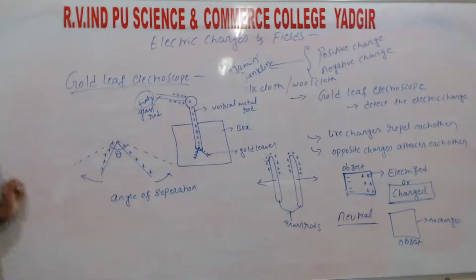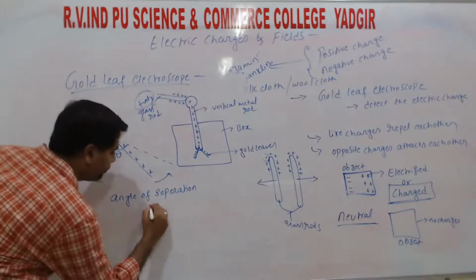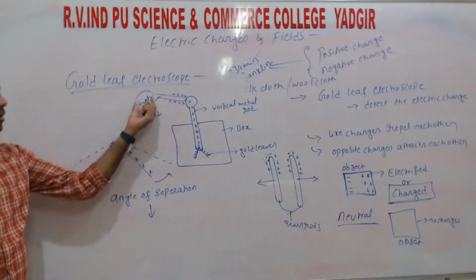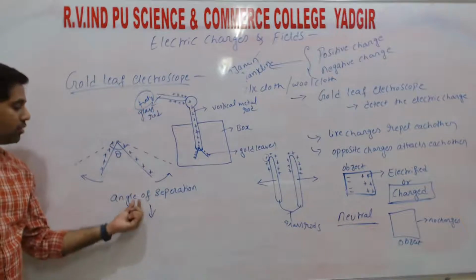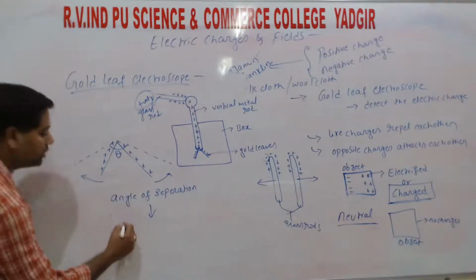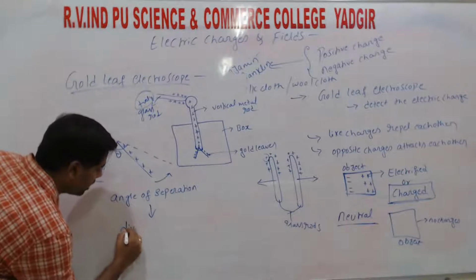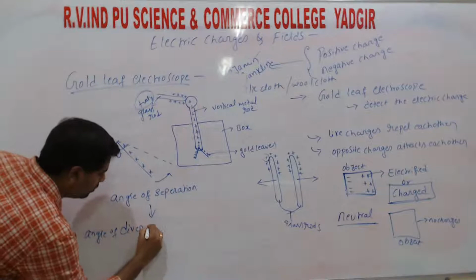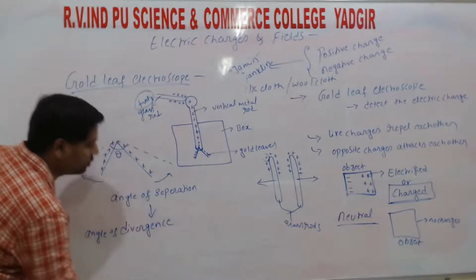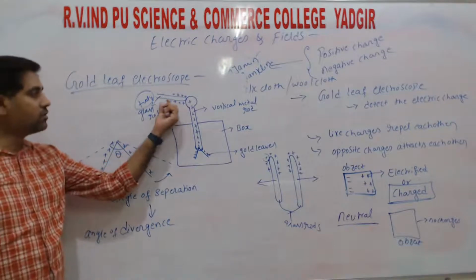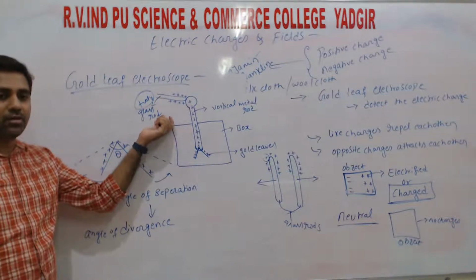This angle of separation gives the charges which are present in the glass rod. This is the divergence, or angle of separation, which we call the angle of divergence. So the angle of divergence gives the number of charges which are present in the glass rod, right?